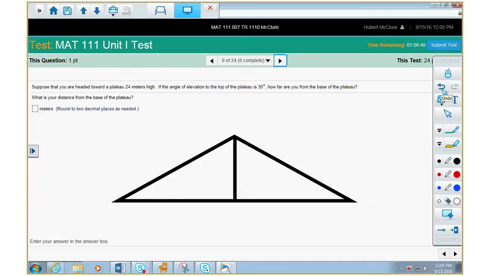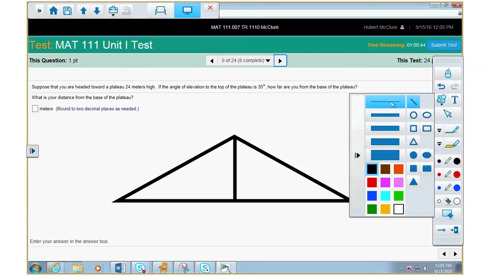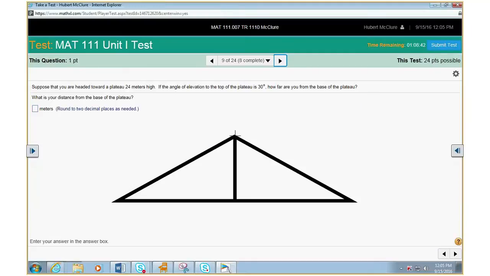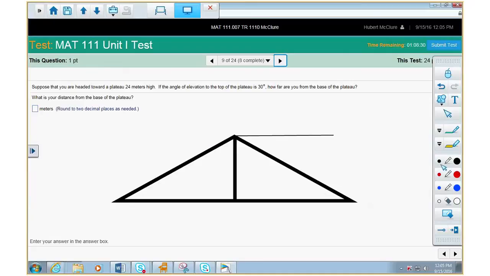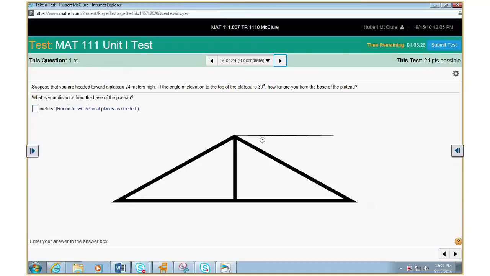And we take our handy-dandy line maker there, and we put a line across here. So this angle right here is what? So therefore, this angle right here is what? So this is 30 degrees. And this is 30 degrees.